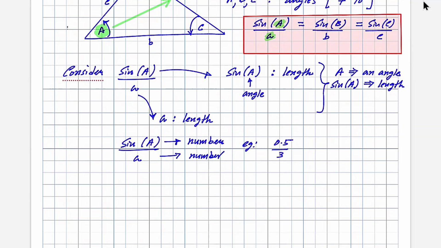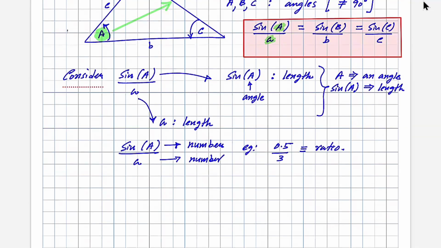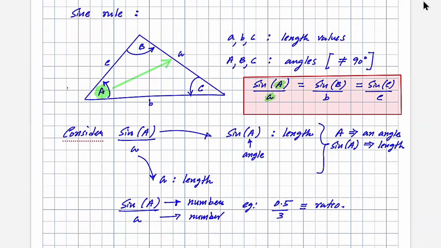So sin A divided by a gives you a ratio. That is the deep analysis you should be doing right now.